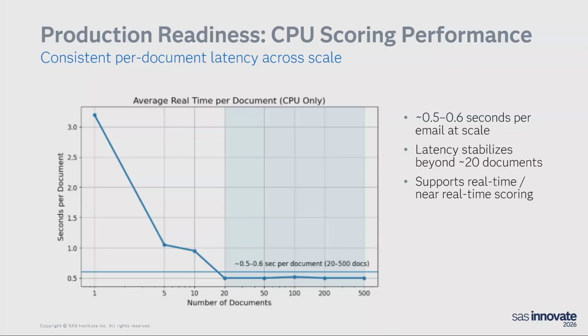What we noticed is that the latency dropped very quickly once the batch reached 20 emails, and it only takes about 0.5 to 0.6 seconds per email to score. So it really means that it supports real-time or near real-time scoring without a GPU for inferencing.